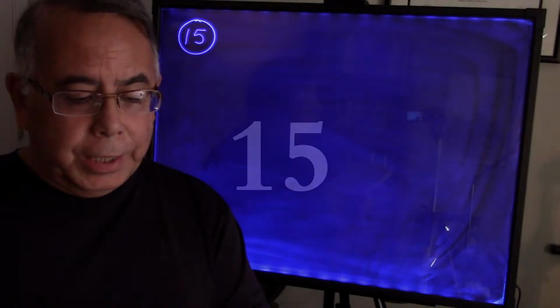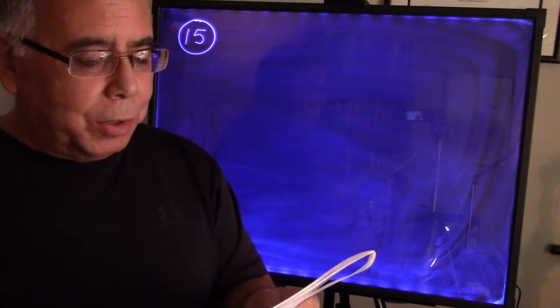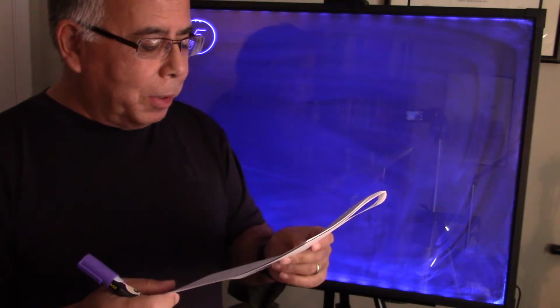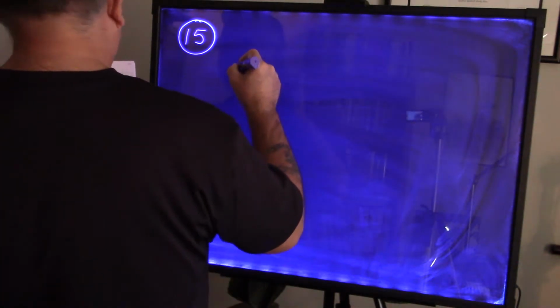Okay, number 15. We have f of x is a rational function. In other words, it looks like a fraction here. A rational number is a fraction, so a rational function is also in fraction form involving variables. So we have f of x is 3x plus 1 over 4x plus 2.